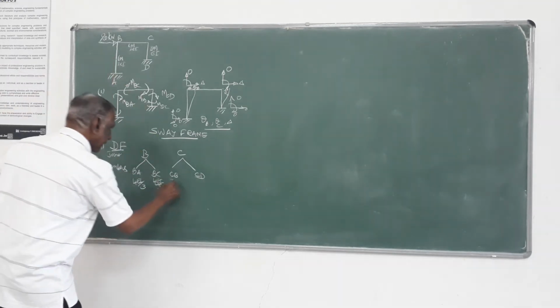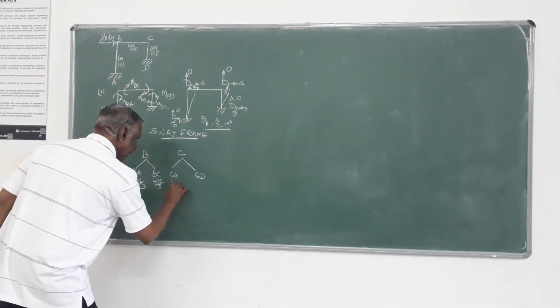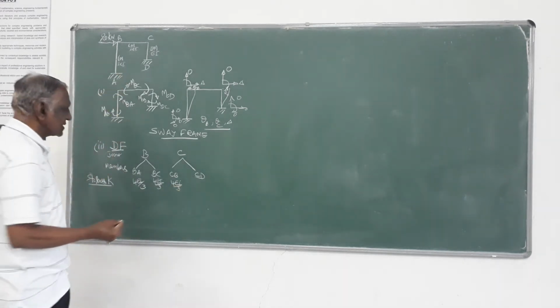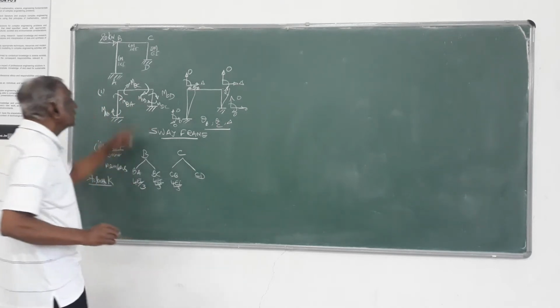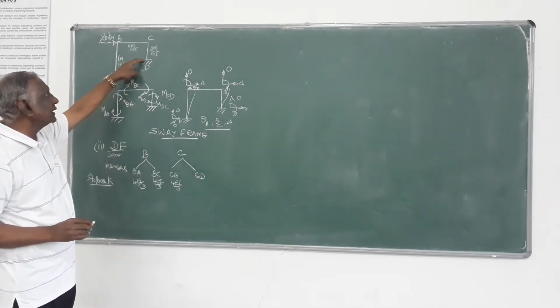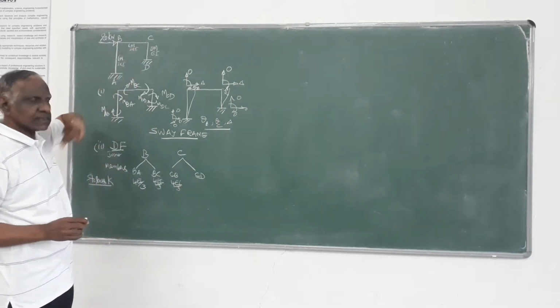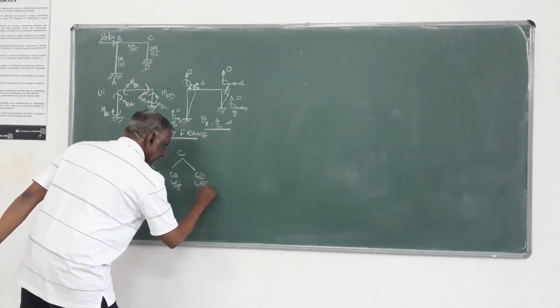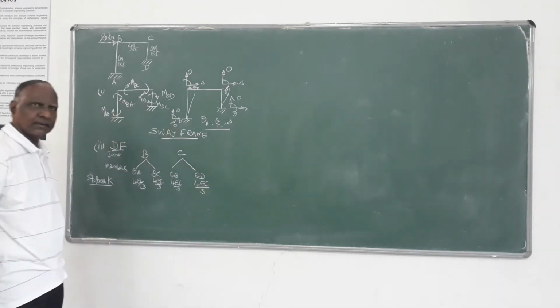CB is the same as BC, it is 4EI by 3. Then for CD, same thing, one end fixed, the other continuous, so it is 4EI by L, that is 4EI by 3.